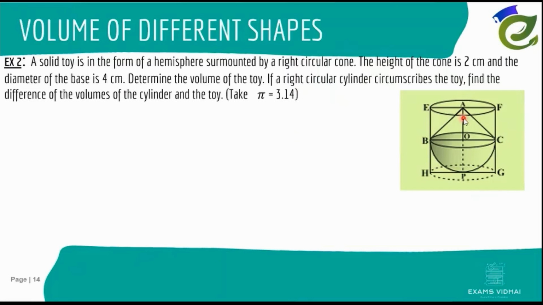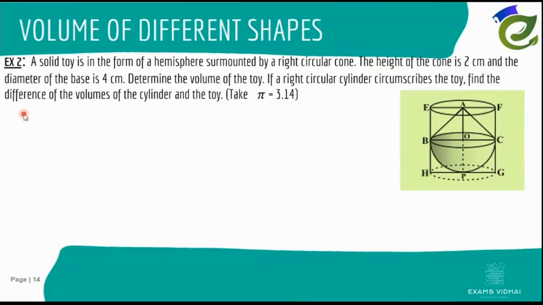So we have to find the volume of the toy, that is the volume of the cone and the volume of the hemisphere, and the toy is being circumscribed by the cylinder. To find the difference of the volumes of the cylinder and the toy, first we need to find the volume of the cylinder and then the toy, and subtract them.